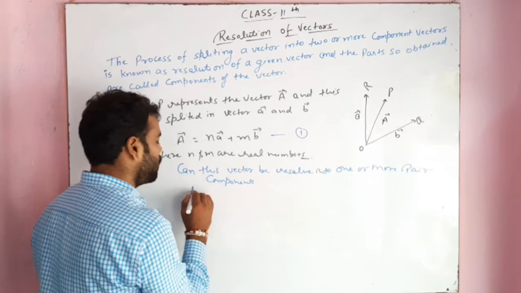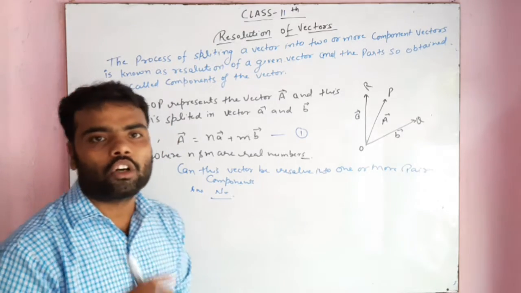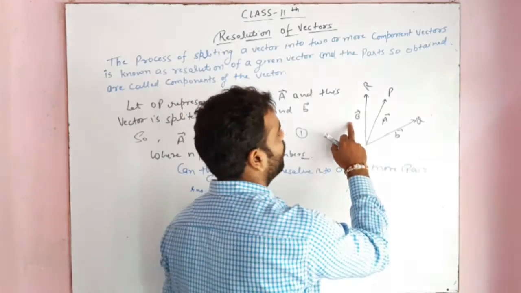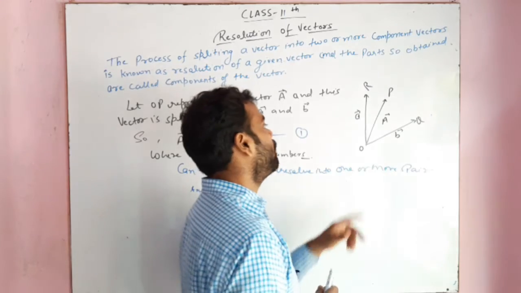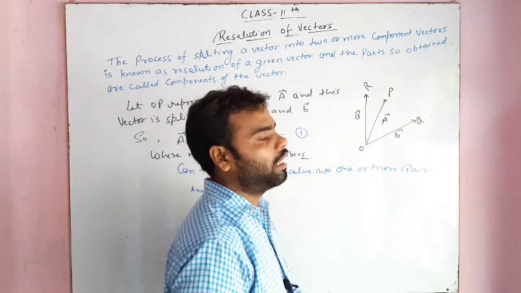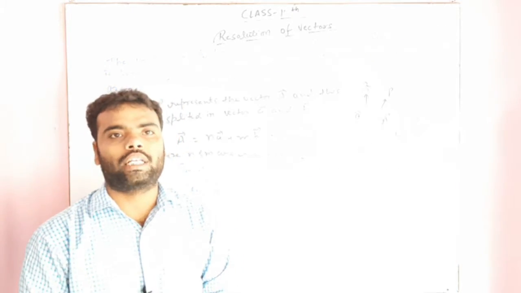The answer is no. Clear? Only one component pair, vector A and vector B, will be present, and that will be the components of vector A. A vector can be resolved into only one component pair.